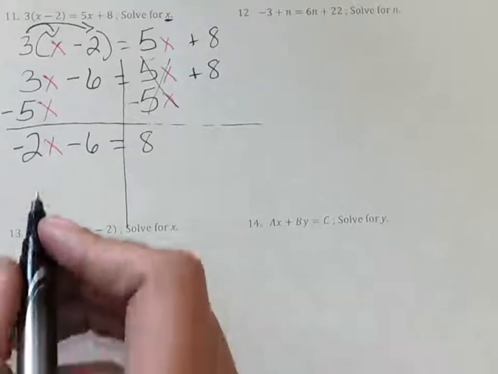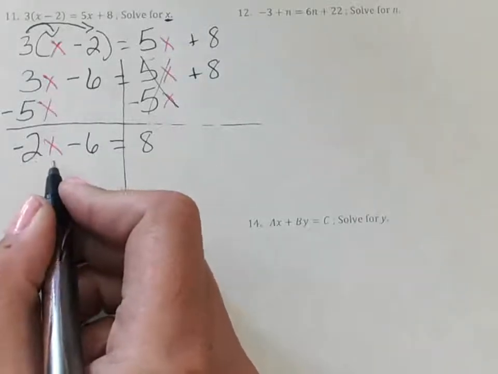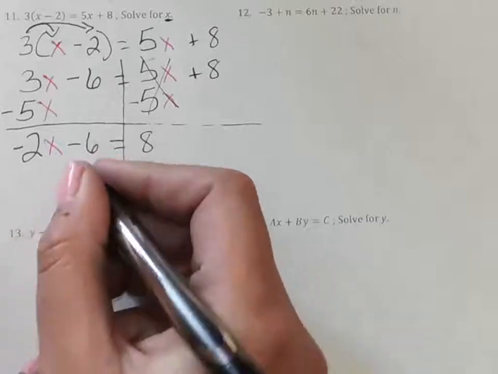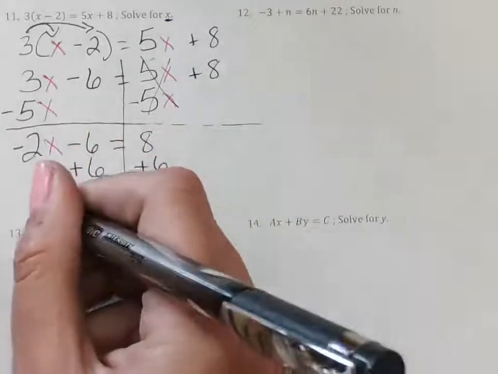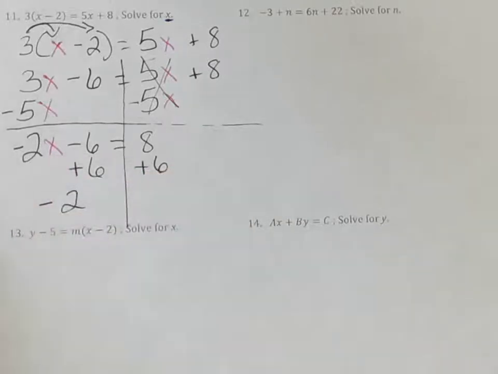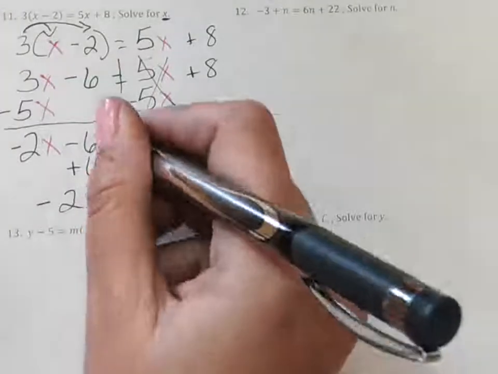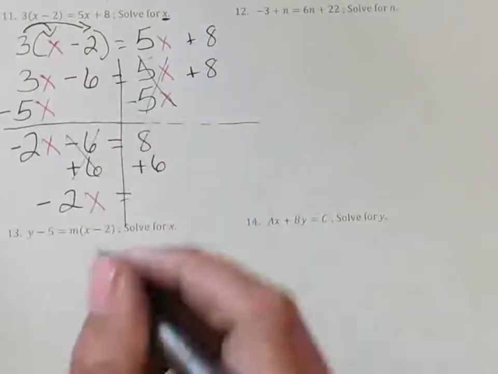Okay. Solving for x, so I want this to be alone. So I'm going to get rid of my negative 6 by adding 6 to both sides. Negative 2x. This is gone. And then 8 plus 6 is 14.